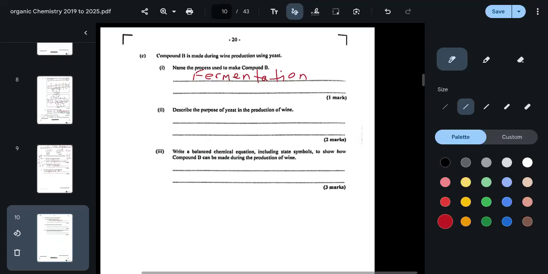Let me use this. It converts the sugar, I'm just going to put glucose. So it converts the sugar in the food into wine.